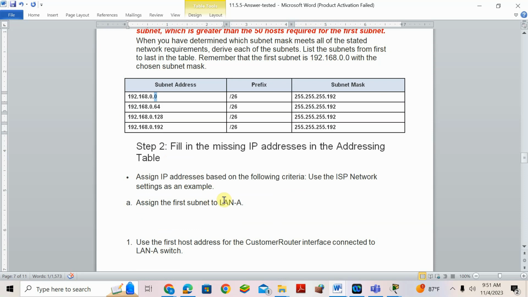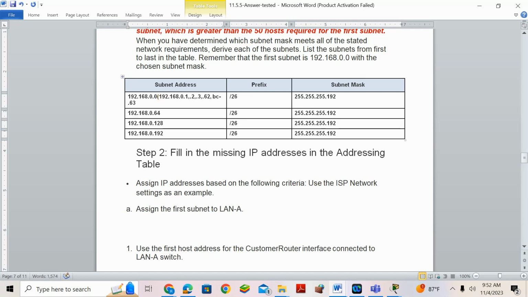Okay. This is the first subnet, LAN A. So the IP address will be from 192.168.0.1, .2, .3. The last one will be .62, and the broadcast will be .63.